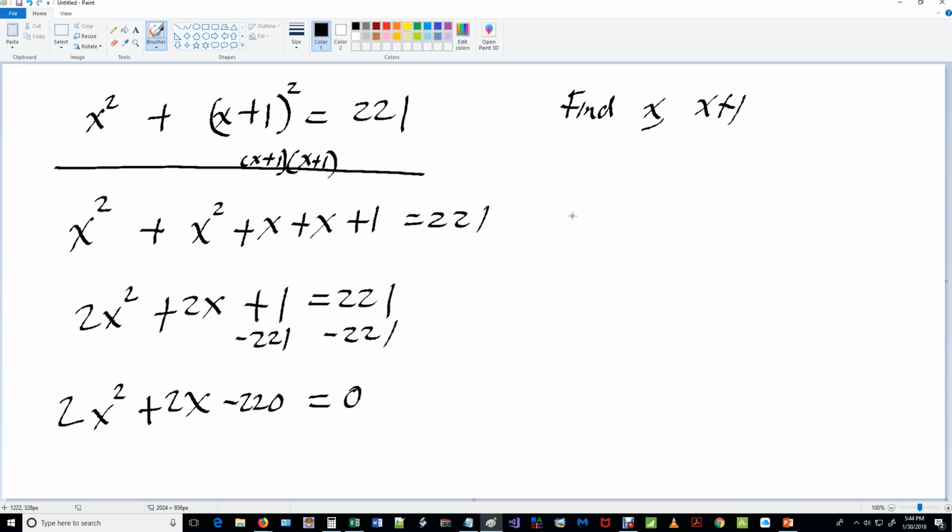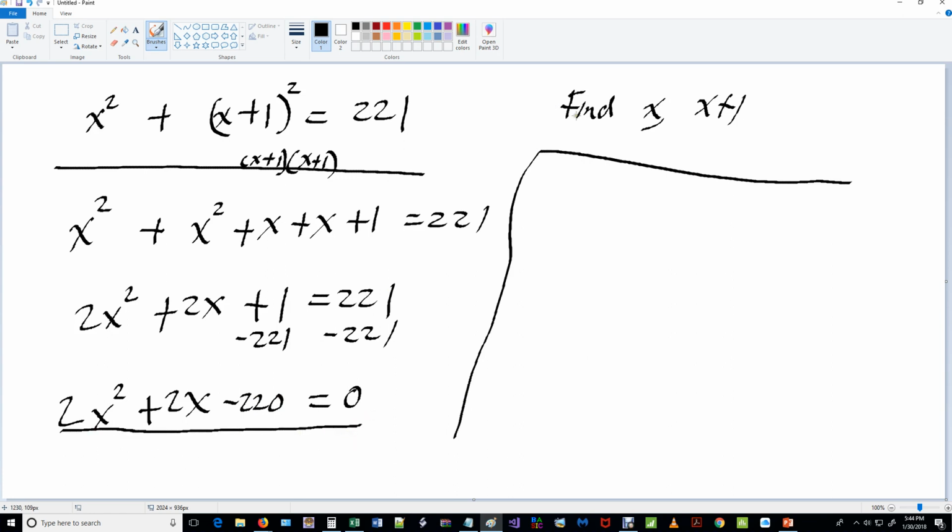Let's do the next step. If you look at this equation, it is in the standard form. So a is 2, b is 2, and c is minus 220.